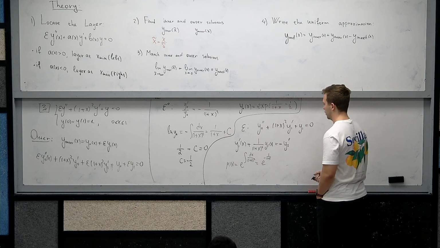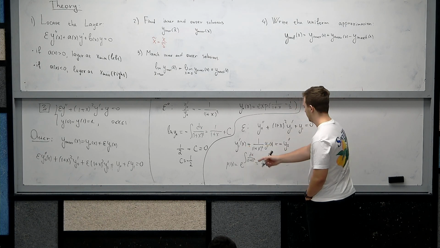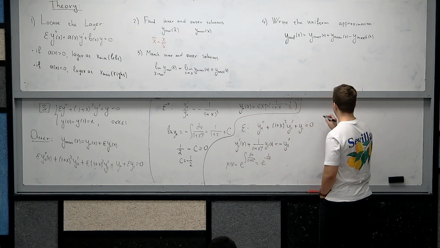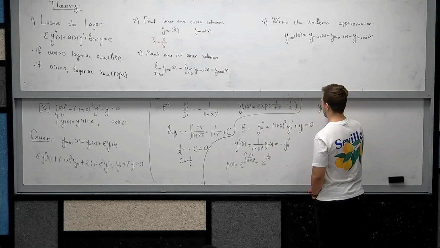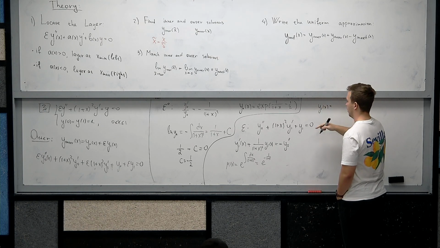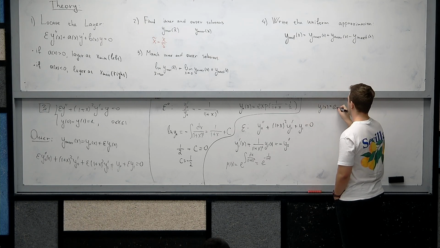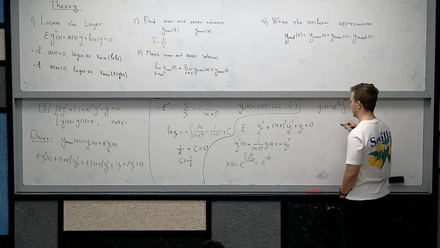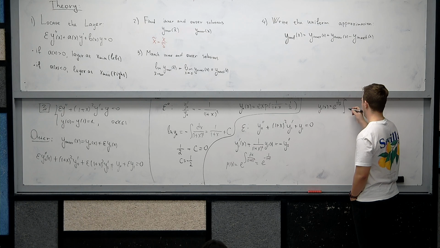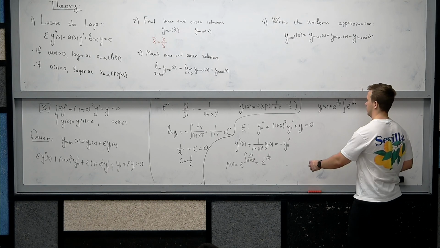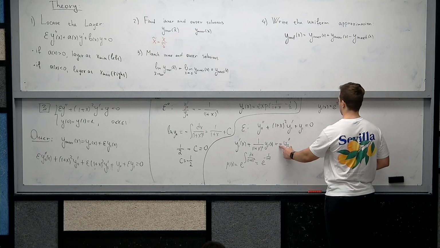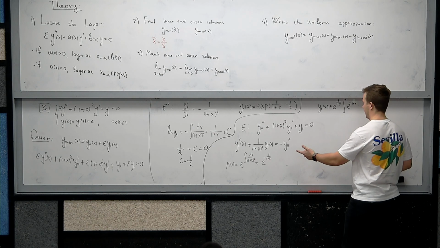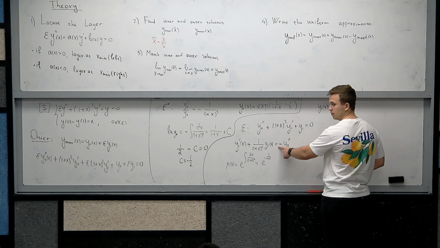Then we can write the final solution for y1, right? y1 of x will be 1 over mu, so e to the 1 over 1 plus x, times integral of mu, which is e to the minus 1 over 1 plus x, times right hand side, but the right hand side was with minus sign, right?